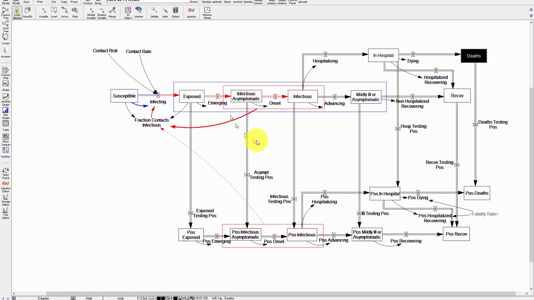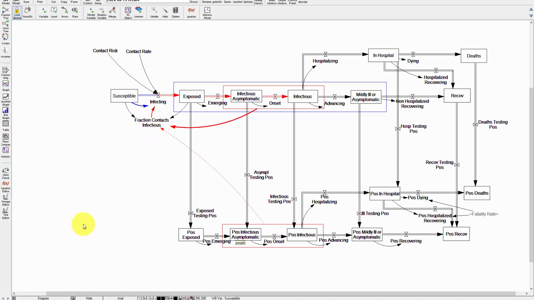And the infection process is essentially the two stocks of people in this red box, the pre-symptomatic infectious and the active symptomatic infectious people who are out there socially active, contacting other people and infecting them. So an infection takes an interaction between someone who's infectious over here and someone who's susceptible over here.